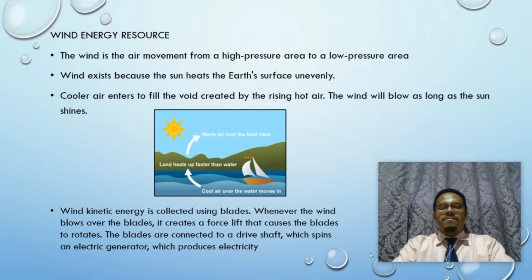Wind energy resources. The wind is the air movement from high pressure areas to low pressure areas. Wind exists because the sun heats the earth's surface unevenly. Cooler air enters to fill the void created by the rising hot air. The wind will blow as long as the sun shines.